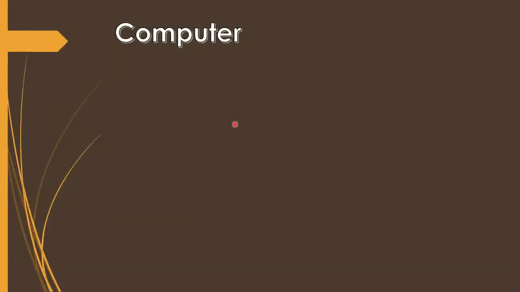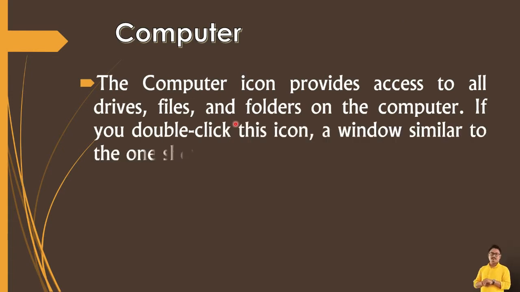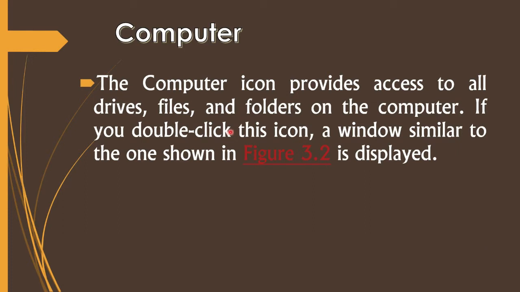Okay, next is computer. The computer icon provides access to all drives, files and folders on the computer. If you double click this icon, a window similar to the one shown in figure 3.2 is displayed. Okay, which is the computer?